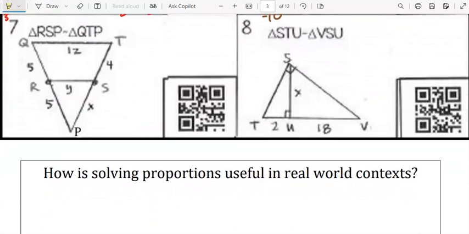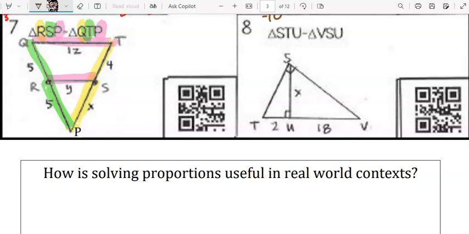Let's look at number 7. Triangle RSP is similar to triangle QTP. R goes with Q. S goes with T. And then P goes with itself.